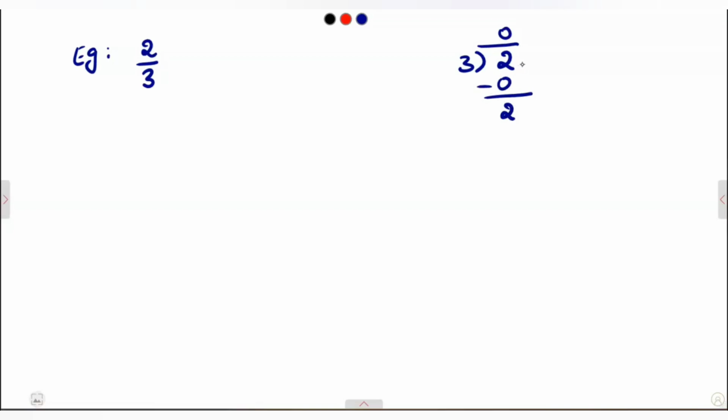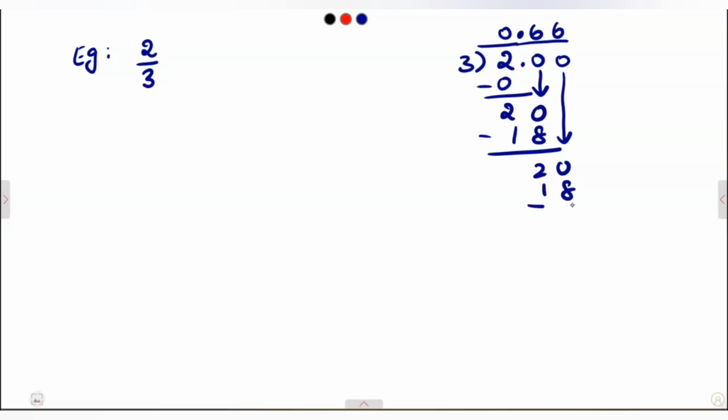So let's continue the division by putting a decimal point. 20, 3 sixes are 18, 2 remainder, again drop one more 0, 3 sixes are again 18. So as you continue the division, you always get a remainder of 2 and 6 is repeating always.